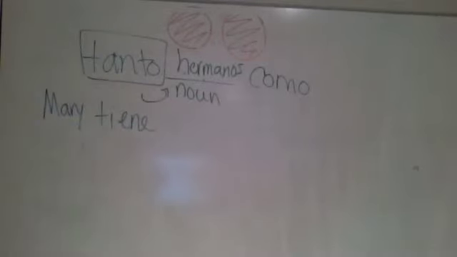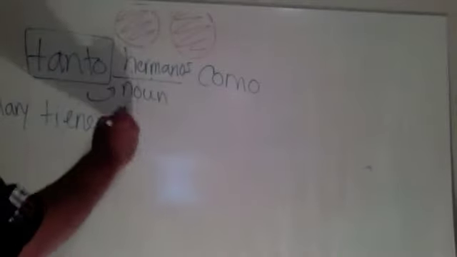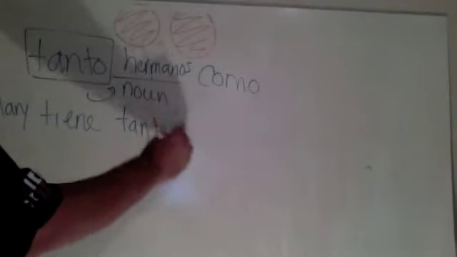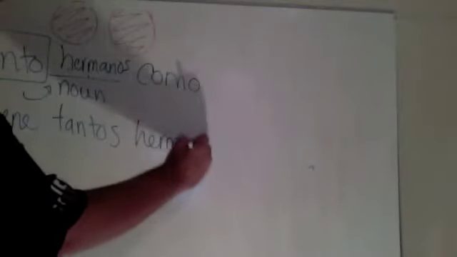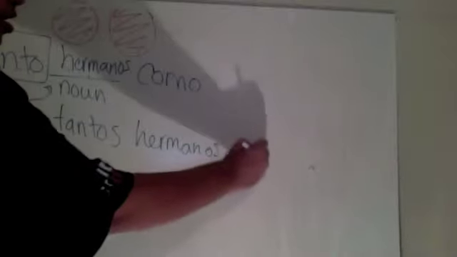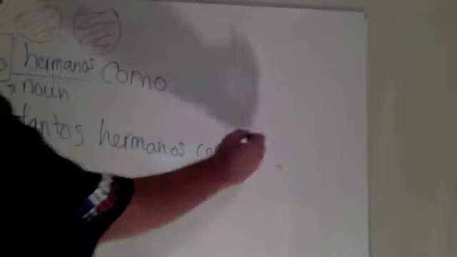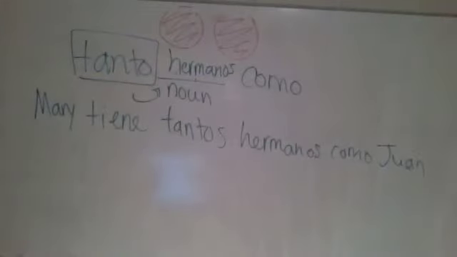Now we need to change tanto to what? Tantos, since hermanos is plural. Mary tiene tantos hermanos como, I think I said Juan, como Juan. Mary has as many brothers as Juan.